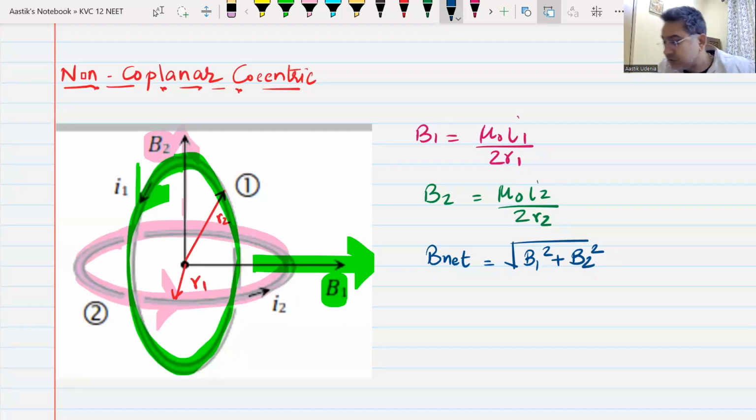Okay, so these are the cases for the coil. We'll do the remaining case later on. Let us move ahead and solve some problems based on circular loops, and then I'll get back to this.